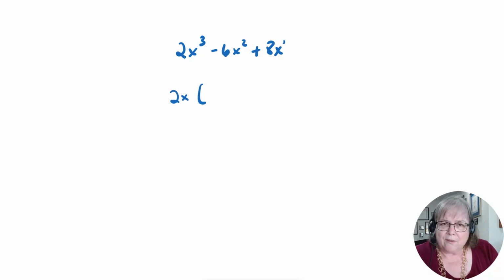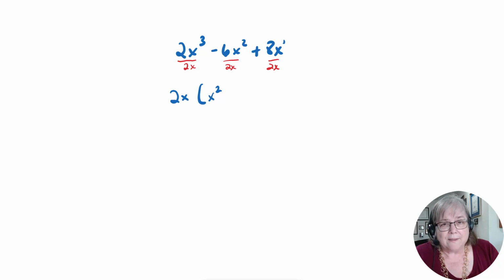And when you factor that out, you are actually dividing it out, so that it shows up as a multiplication. So in your mind, you're going, all right, I'm going to take out, divide out a 2x out of each of these. So if I have 2 divided by 2, that's just 1, and x cubed divided by x leaves me 2 of those.